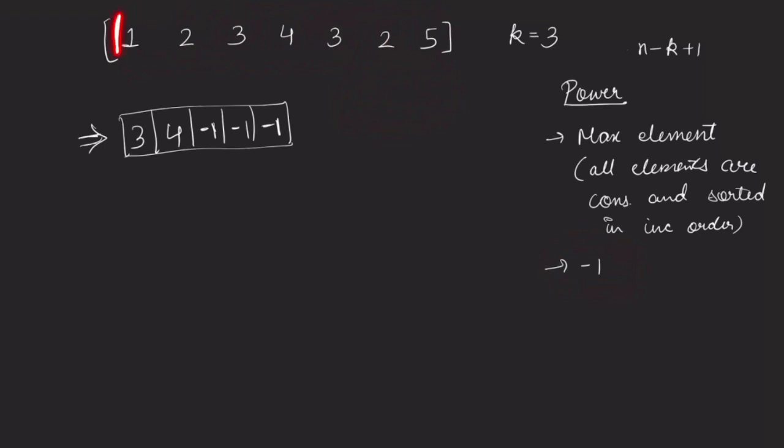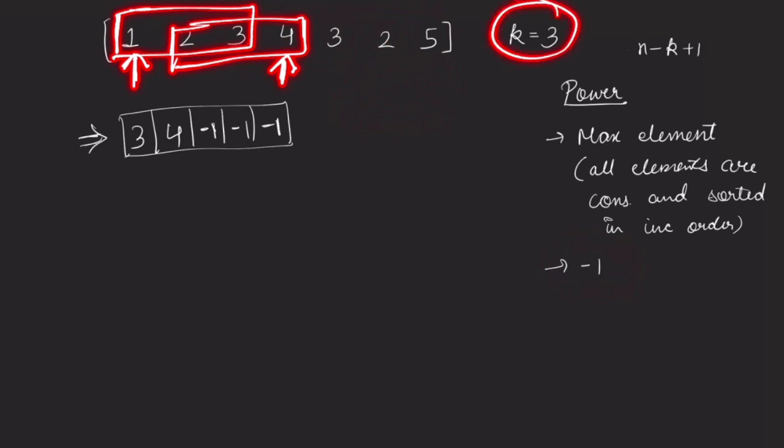So see, when this was your first subarray and then you moved to the second one, the second subarray was this. If you notice, in this we removed 1 and we added 4, right? So can I say that there is just one window of length k inside my array, which I am shifting towards the right at each iteration, and the first element of the previous subarray is being removed and the next element is being added, right?